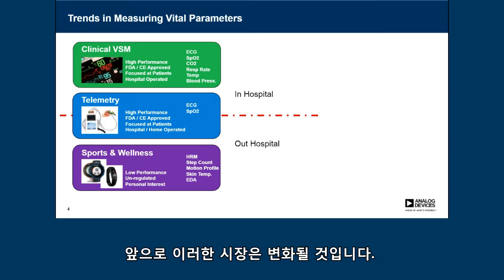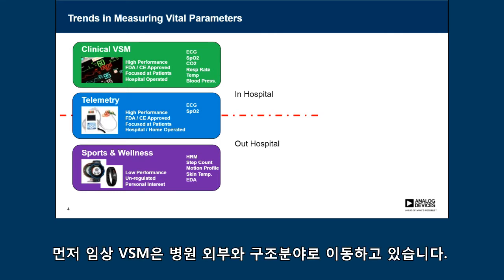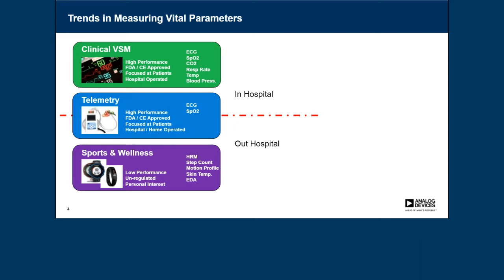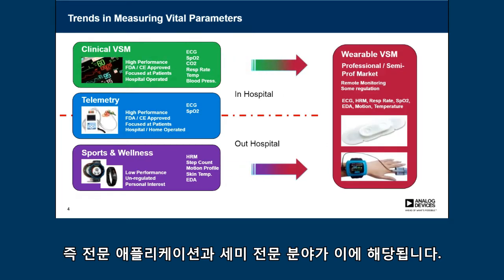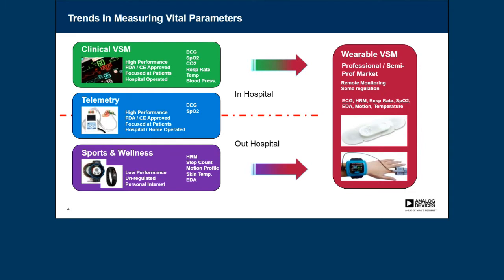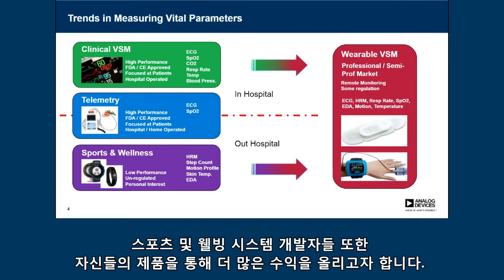The telemetry systems as such, this is something that we have seen used inside hospitals, but also outside. Moving forward, we see that the market is changing. First of all, clinical VSM is moving outside hospitals and also moving into the area of rescuers and, let's say, more the professional and semi-professional applications. But we see also that developers of sports and wellness systems are more interested in getting more value, more money, for their products.